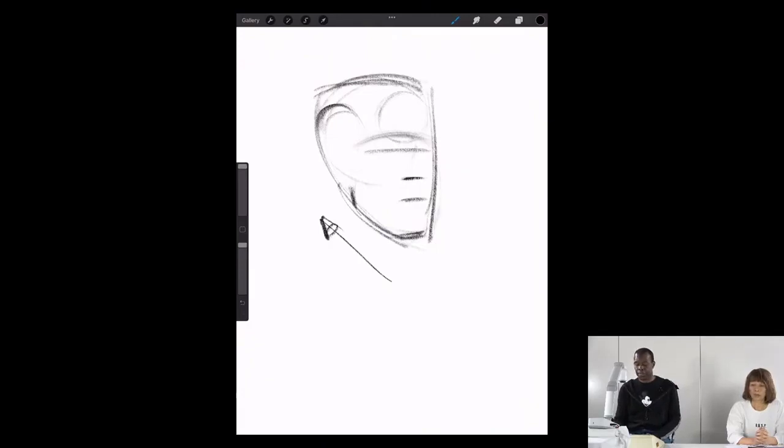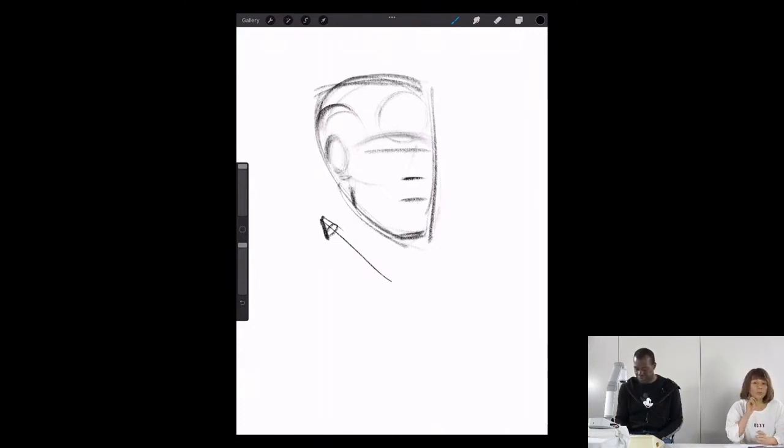Right. So roughly speaking, the jaw is here, and then the middle of the head should be about here, roughly speaking.